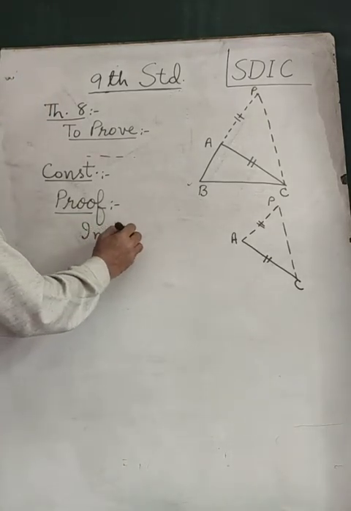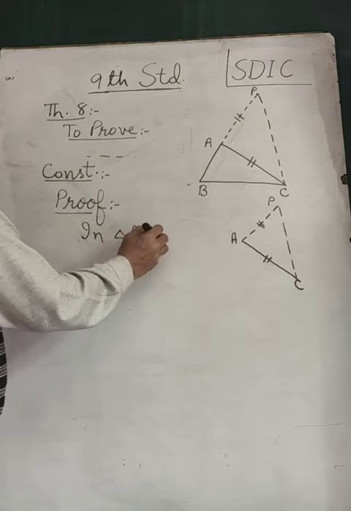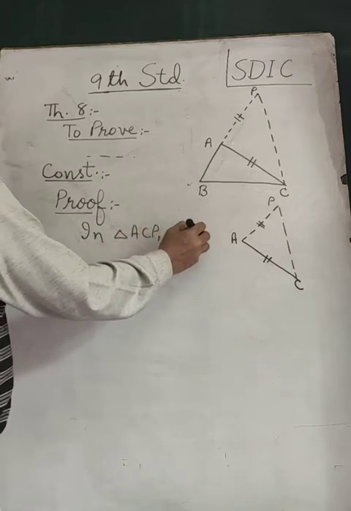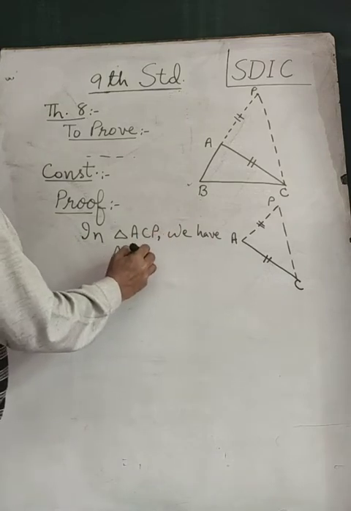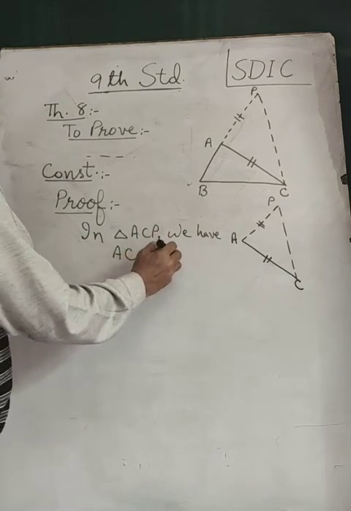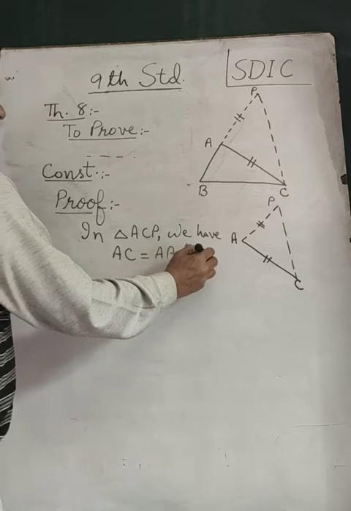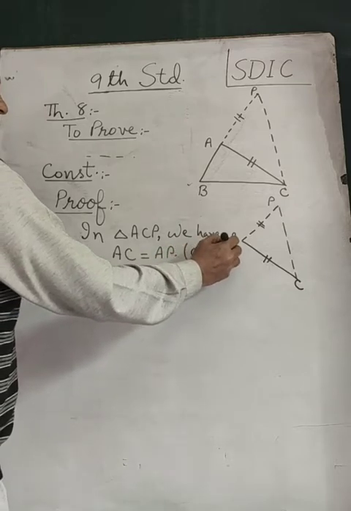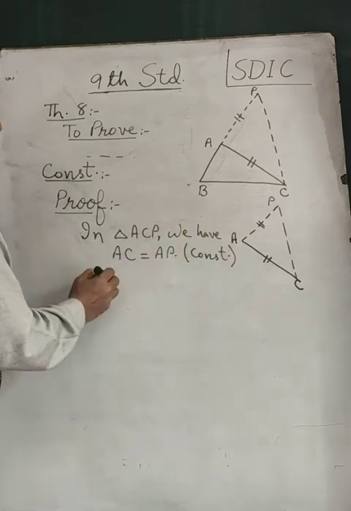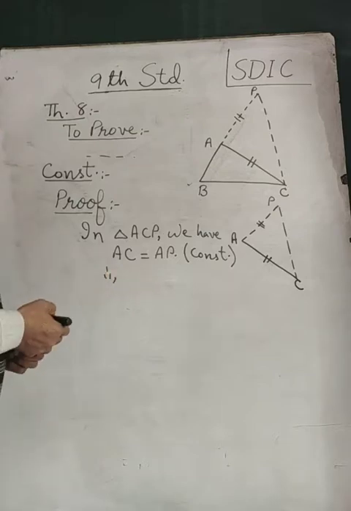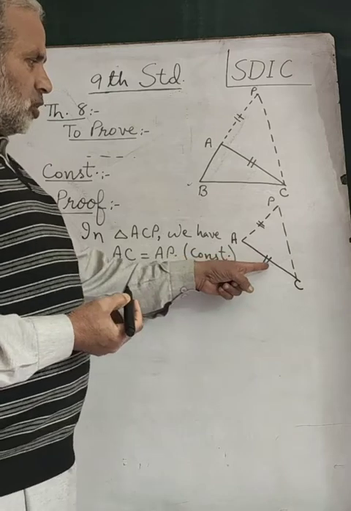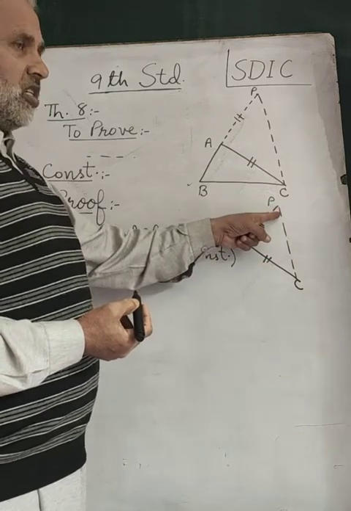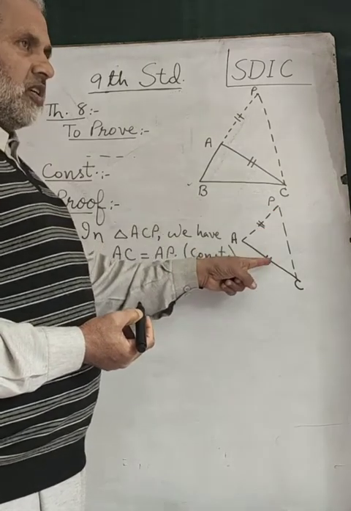In triangle ACP, we have AC is equal to AP. We have done this in the construction, so write in the bracket construction. And then the result is their opposite angles will be equal. Let us identify those. Angle opposite to AC is at vertex P in the rough figure.